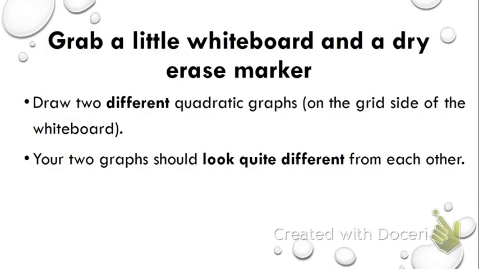I want you to draw 2 different quadratic graphs. They should look quite different from each other. That's the only direction so far. So on the grid side, 2 graphs, both quadratics.